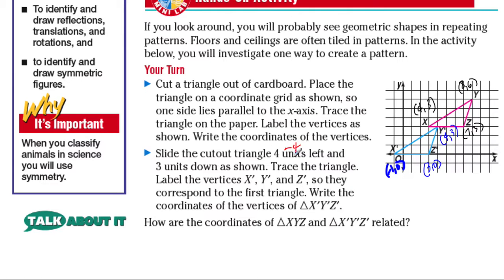And 3 units down represents negative 3, because going up means positive, going down means negative. In the same way, going to the right means positive, going to the left means negative.